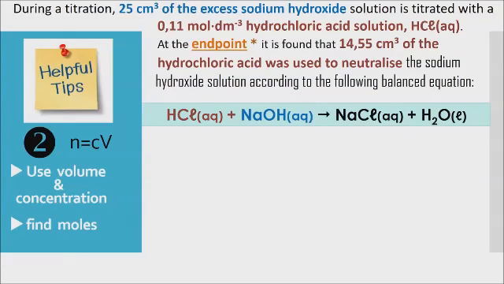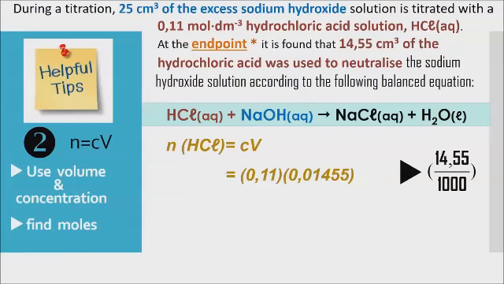Here we go. I am going to find the moles of hydrochloric acid using the data given to me. That's 0.11, and I take 14.55 and divide by 1,000. I get that number, and there's my moles of hydrochloric acid.